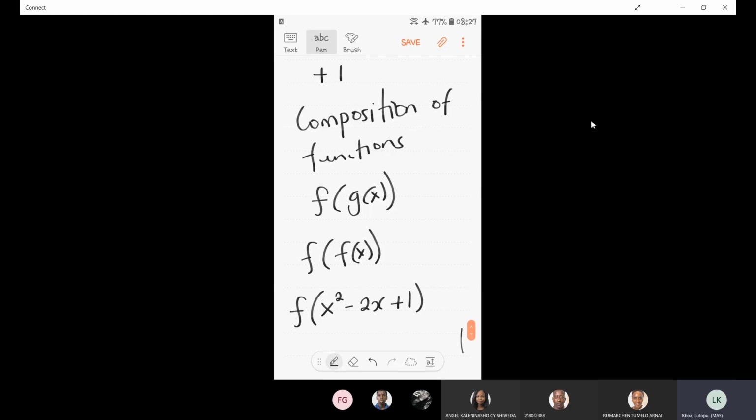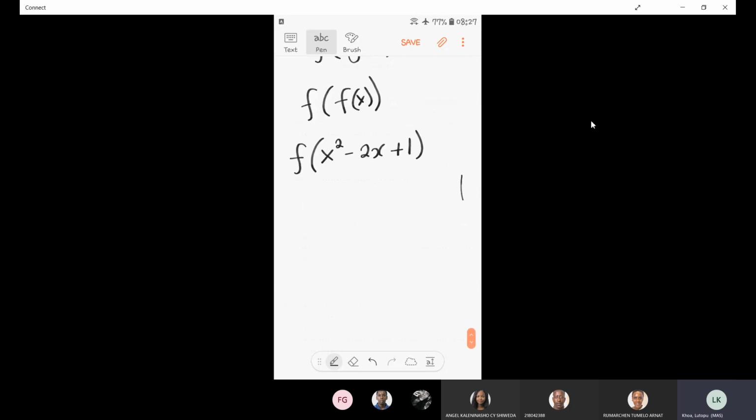Then I work this out in the same way. This will be equal to x squared minus 2x plus 1 squared minus 2 times x squared minus 2x plus 1, and then plus 1.